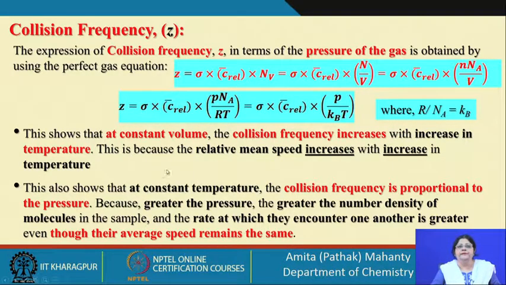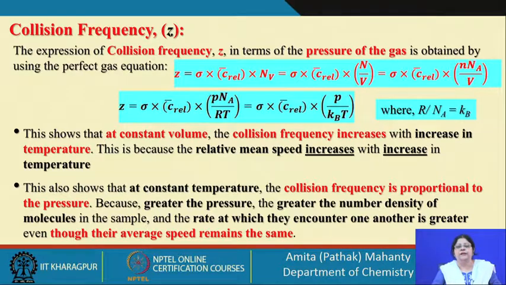Now, we can also see that at constant temperature, the collision frequency is proportional to the pressure. If we are taking temperature as a constant, then the collision frequency is proportional to the pressure. Greater the pressure, greater the collision frequency. How is pressure calculated? Pressure is due to the number of molecules exerting force on the walls.